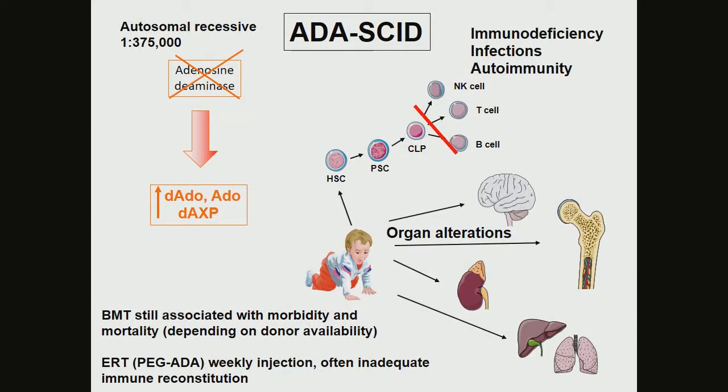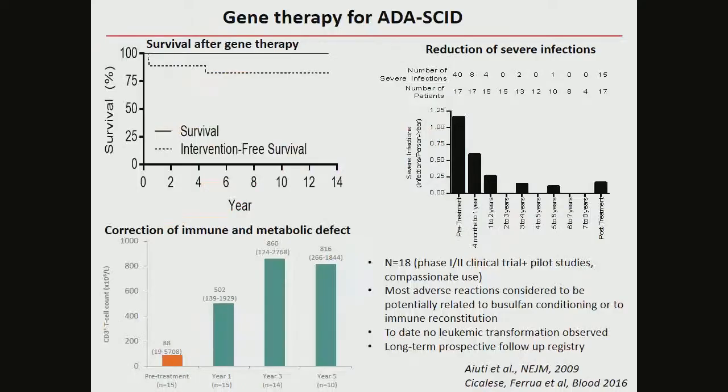Our experience in ADA-SCID, which is a disorder caused by the accumulation of toxic metabolites, was successful, and we published some time ago the results of the first 18 patients who were treated with autologous stem cell gene therapy, showing 100% survival, about 80% intervention-free survival, a reduction of severe infections, and correction of the immune and metabolic defect.